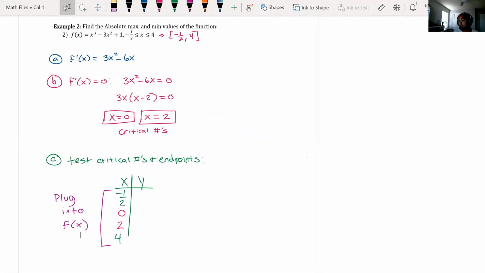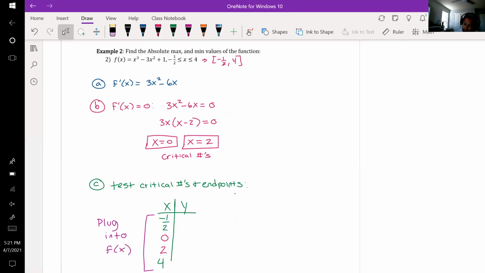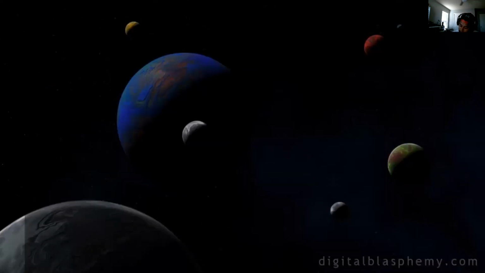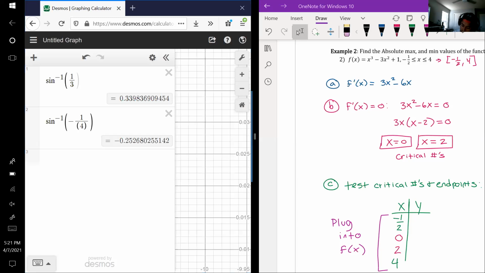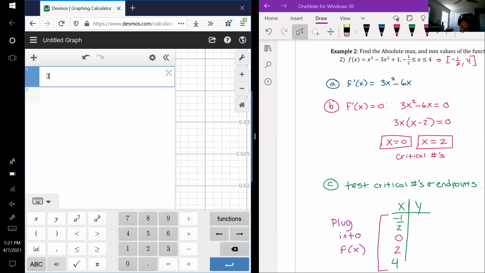So we're going to plug them into x cubed minus 3x squared plus 1. So Desmos, why not? I'll type this in: x cubed minus 3x squared plus 1.